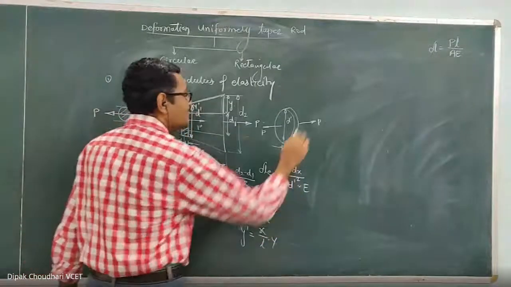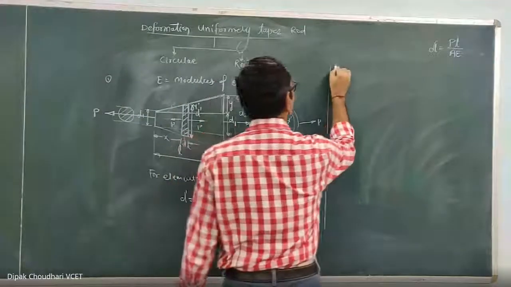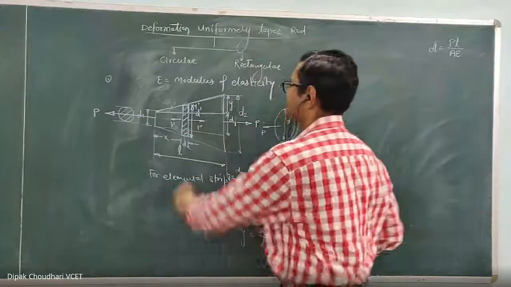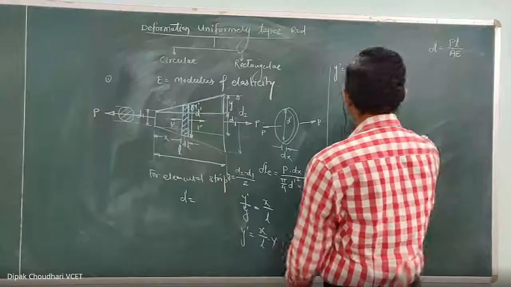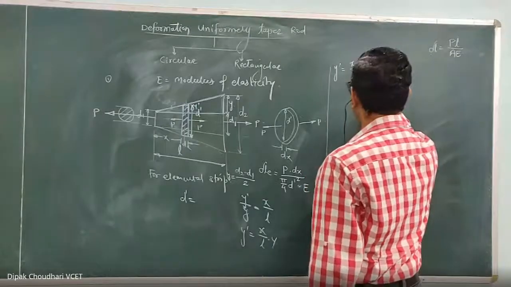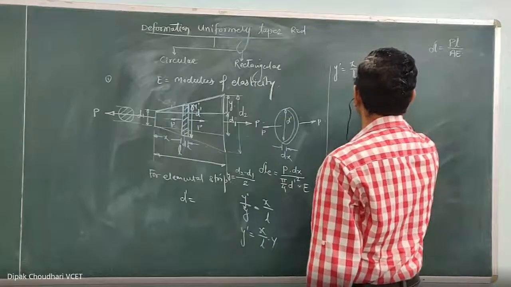So y dash equals x upon L into y, and y is (d2 minus d1) upon 2.